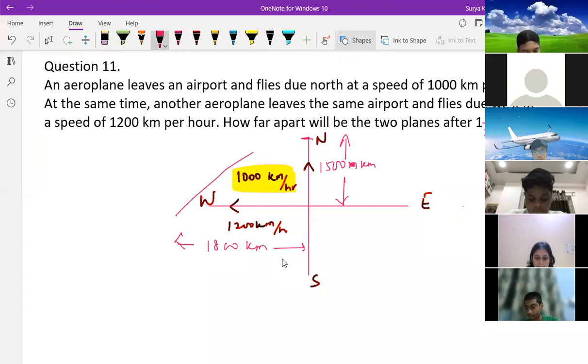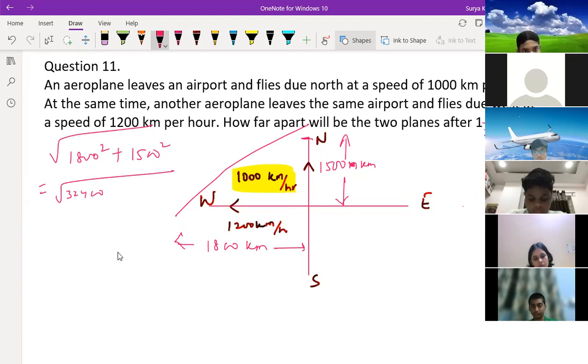So the distance between these two planes after 1.5 hours is like a Pythagoras theorem. You can take root over 1800 square plus 1500 square. So 1800 square is 32400, with 4 zeros. Again 1500 square is 225, with 4 zeros.